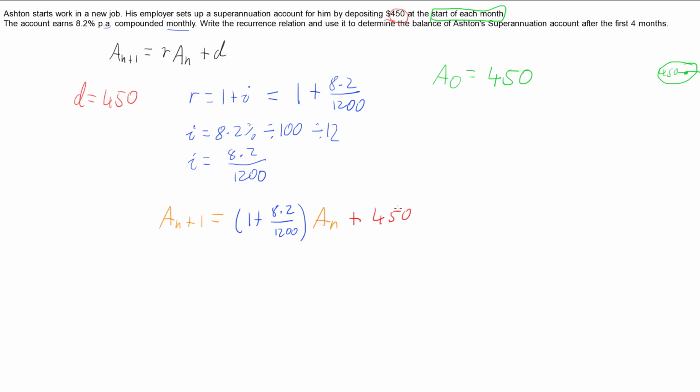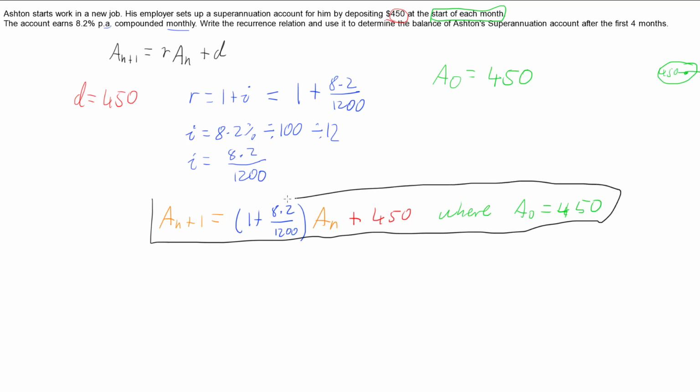And we just need to write where A0, our first deposit, is $450. So that is our recurrence formula. That's the entire thing, all we have to worry about. And now we're going to use this to work out the balance after the first 4 months.